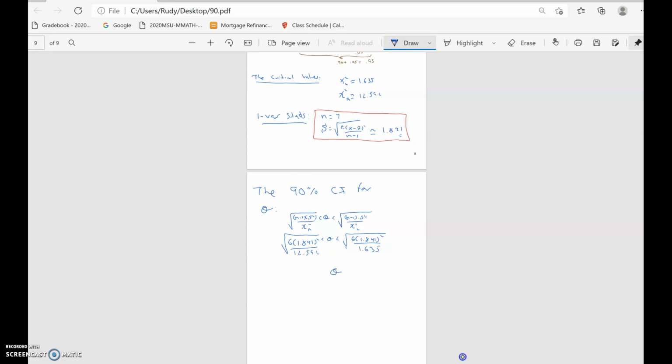Okay, so my lower limit happens to be 1.2708, and then the upper limit is approximately 3.5267.